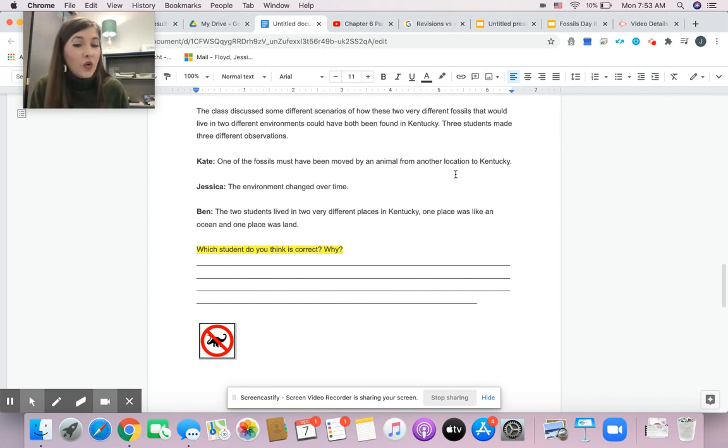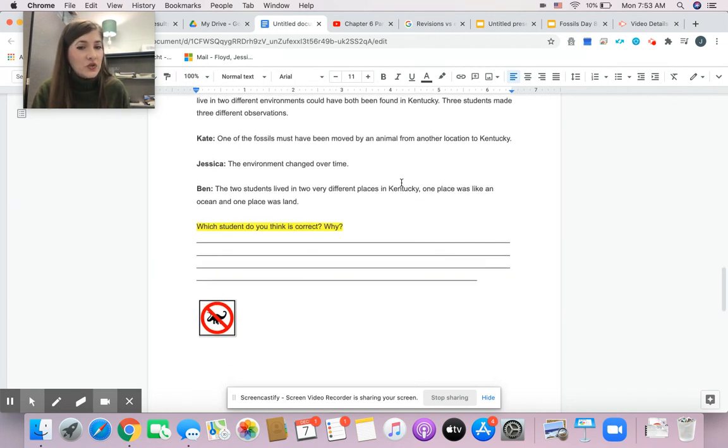Kate said one of the fossils must have been moved by an animal from another location to Kentucky. Jessica said the environment could have changed over time. And Ben said the 2 organisms lived in very different places in Kentucky. One place was like an ocean and one place was land.